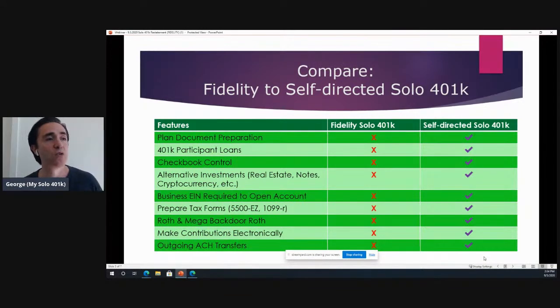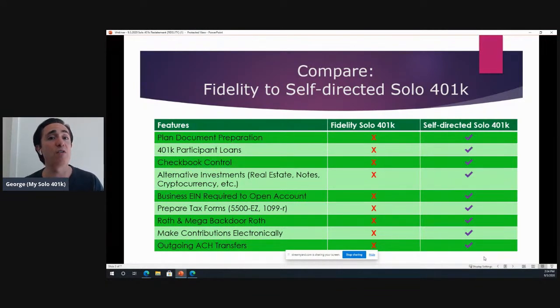Checkbook control. So with a Fidelity plan, you can just invest in the things that they allow their solo 401k accounts to invest in. So it could be some mutual funds, that kind of thing. Whereas with our plan, you can invest in all types of investments, whatever's allowed under the rules, plus it comes with a free checkbook.